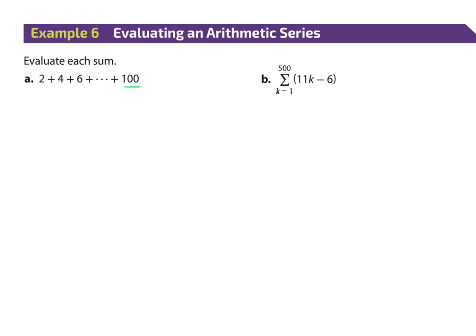So if I say, well, my ending term is 100, I know I start with 2. I'm going to say n minus 1 because that's what I'm trying to figure out. How many terms am I adding up in this particular sequence? And I know my common difference is 2 because that's how I'm moving from one to the next. All right? So you can actually figure out how many terms you're talking about by just plugging it into your explicit formula. All right? This is an explicit, right?